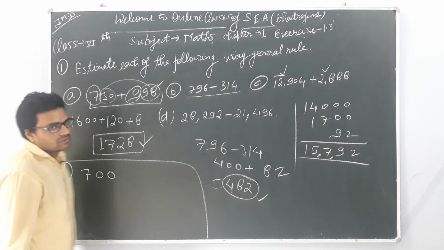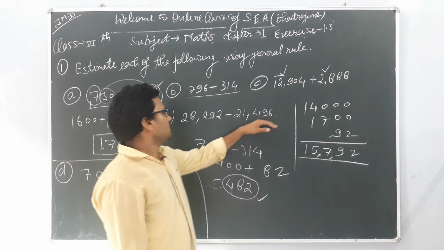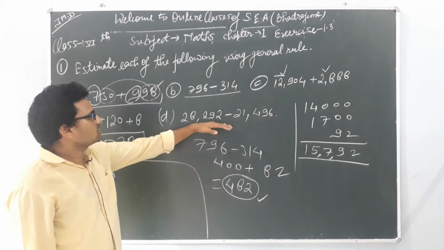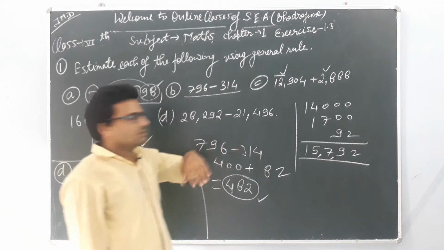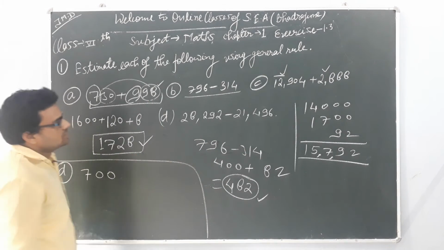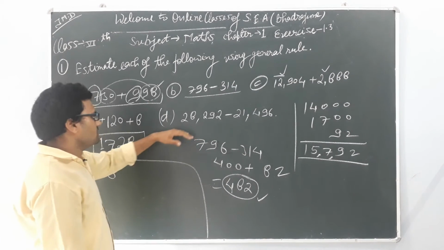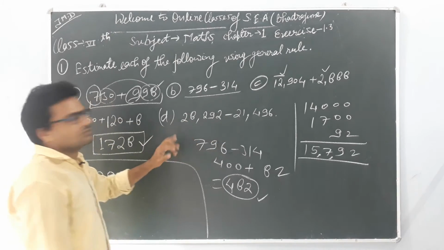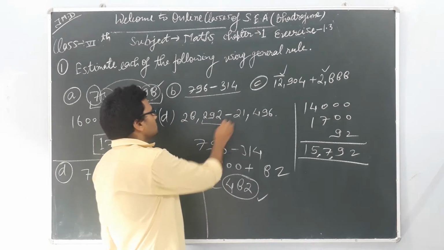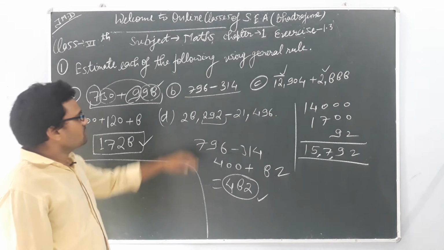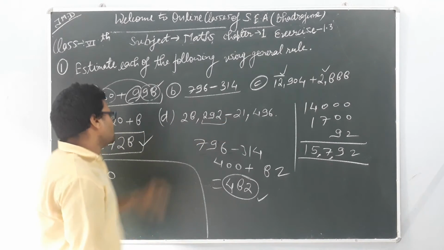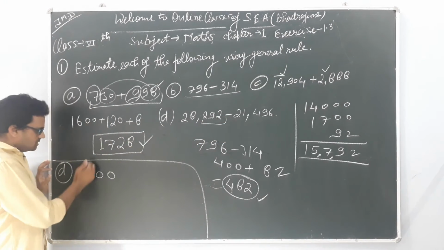After that we will subtract 496 from 200, but here we are not able, because 292 is less than 496. So we will only take 27 here, and we will subtract 21 from 27, because 1 is carried for the other 3 digits.